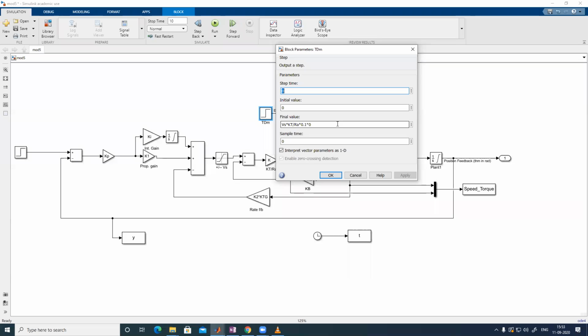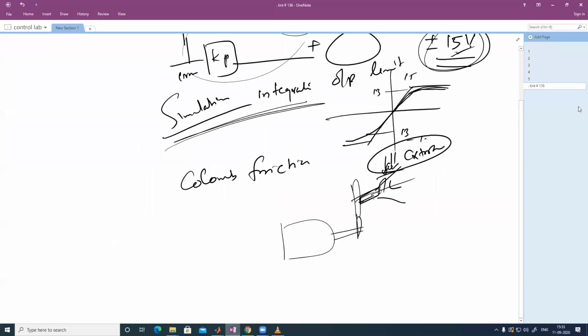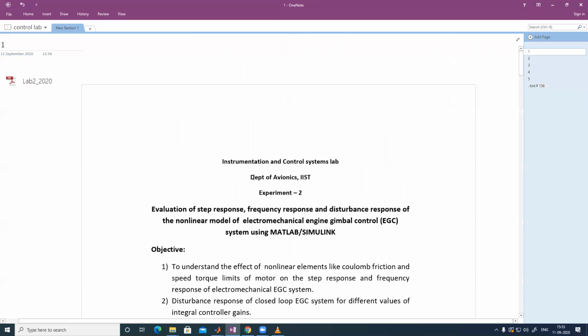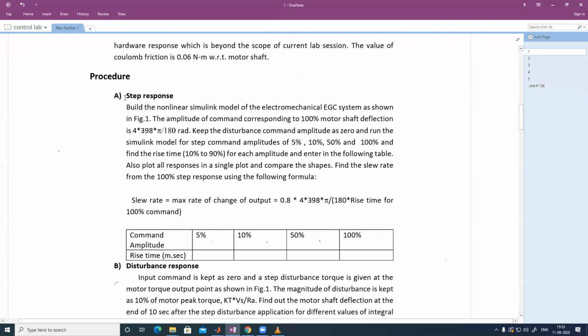And for the disturbance response, at that time you make your input 0 and take the disturbance response. You can also take the step input with this disturbance, which you can add as case number 3. Here you have to do part A, step response, and part B, disturbance response.